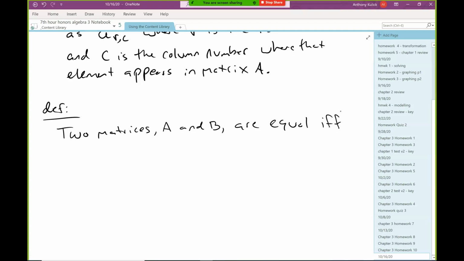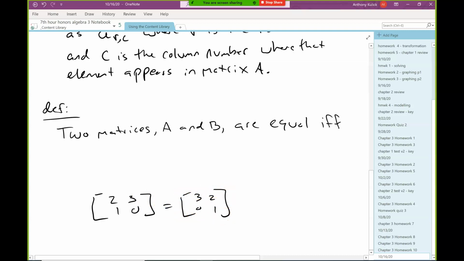Okay, so what would we need to say for two matrices to be equal? What do you guys think? Let's just use some natural intuition. We haven't given you anything that you would need for this, but Sergio. Oh, okay, so they have to have the same numbers inside of them. So would we say then that these two are equal?